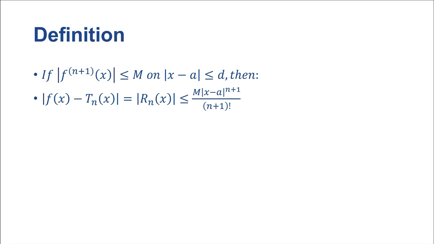This is basically saying that the remainder here should be less than the next degree, or the next contribution from the Taylor series. All right, so let's actually dive into what this means with an example.